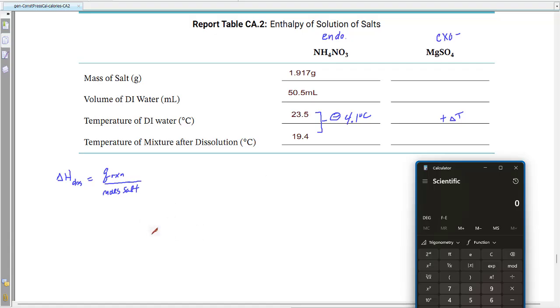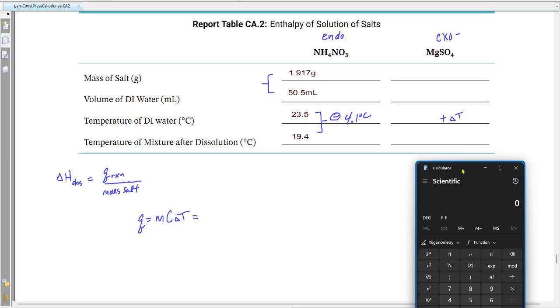How do we find Q? Well, we can't find Q of the reaction because we can't stick a thermometer into the atoms. But what we can do is find Q of the calorimeter. Again, MC delta T. Mass of the calorimeter here now is both of these things together. Again, we're going to assume that the water is 1 gram per milliliter.